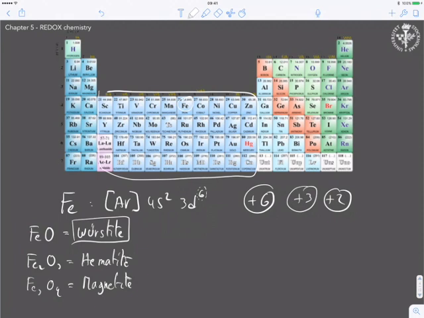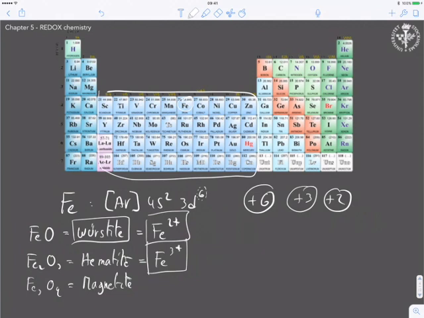So what would be the oxidation state of iron in those three different molecules? In wüstite, you know by definition oxygen is -2, so iron will have an oxidation state of +2. In hematite, we have 3 oxygen, 3 times -2, that means -6. You have 2 iron, that means the iron is 3+. It's of course oxidized.